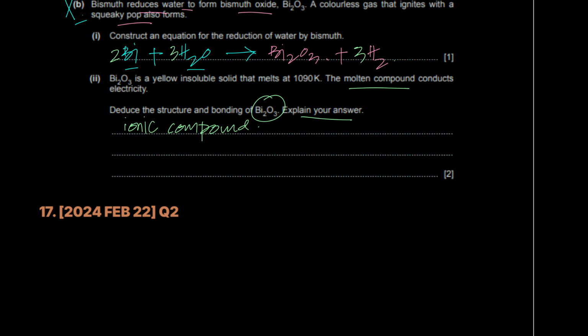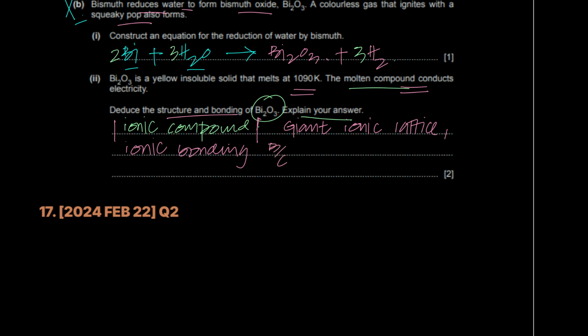Why? It's a giant ionic lattice. I don't even have to write ionic compound, I can just talk about the lattice. It's a giant ionic lattice, and the bonding is ionic bonding. And why is that the case? Because it has a high melting point, that's the first, and it can conduct electricity in molten state, that's the second. It's pretty logical, huh?